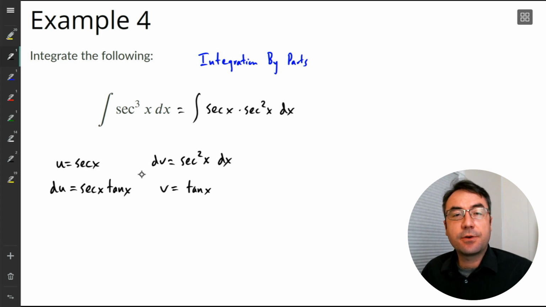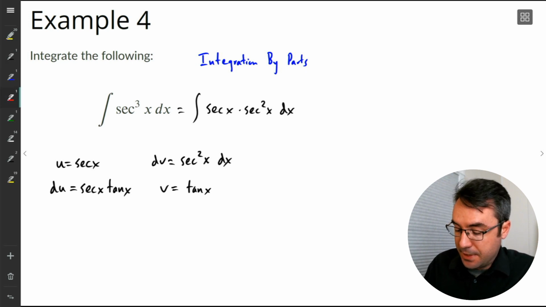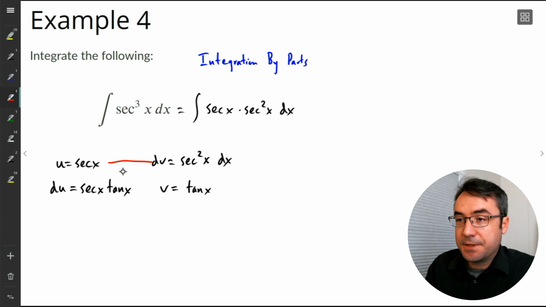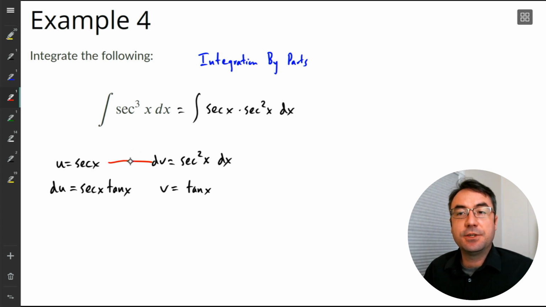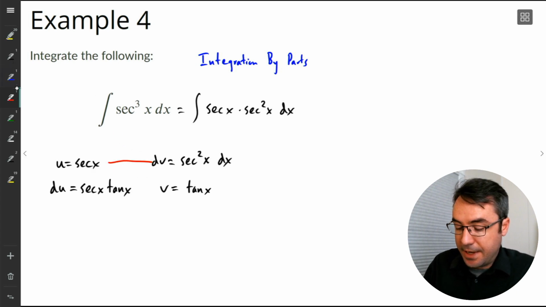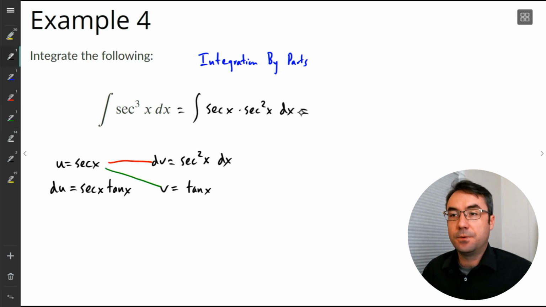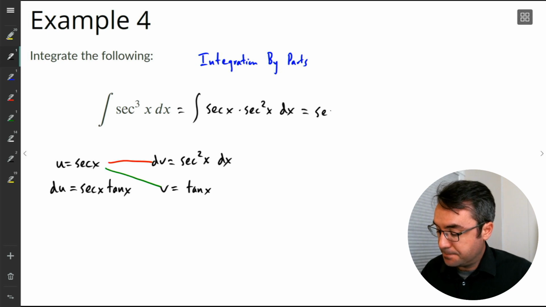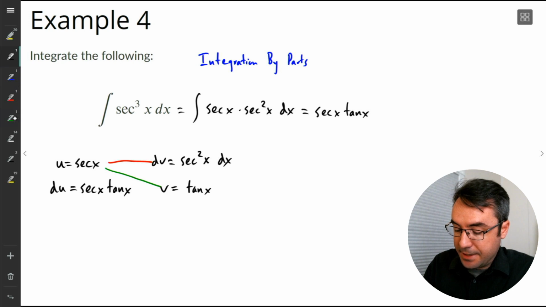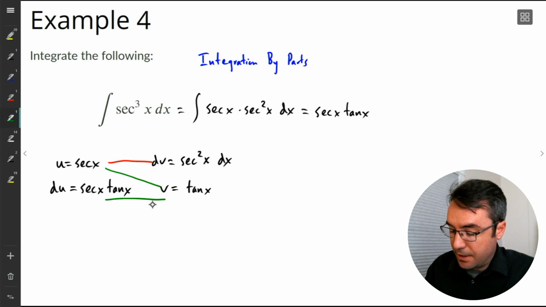And then we apply our integration by parts formula. So let's just remember what that is. It says the integral that we're trying to do is u times dv, and it's equal to u times v, so secant times tan, minus the integral of v times du.